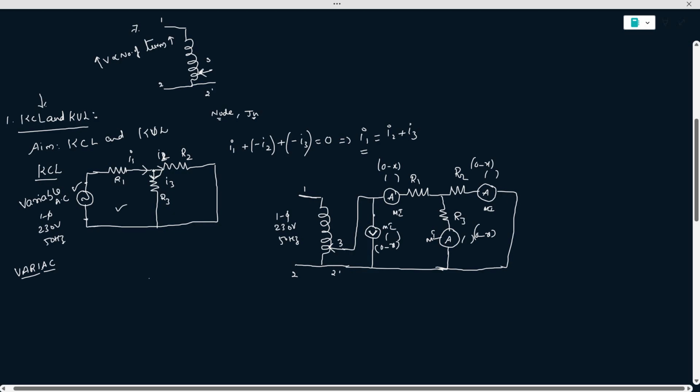So 1, 2 are from the input side, and 3 and 2 dash are from the output side. Likewise, we need to identify the terminals of each element. And between the terminals in the circuit diagram, you have straight lines. Straight lines mean physically there is a wire between the two terminals.